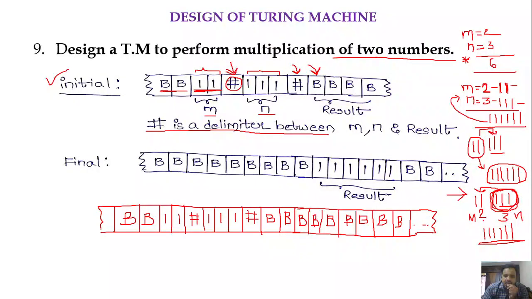The n value is three ones, so those three ones I am going to generate two times. If I generate these three ones the first time, I get three ones. If I generate the n value another time, it is going to give three ones. So total how many ones are we having? Six ones.